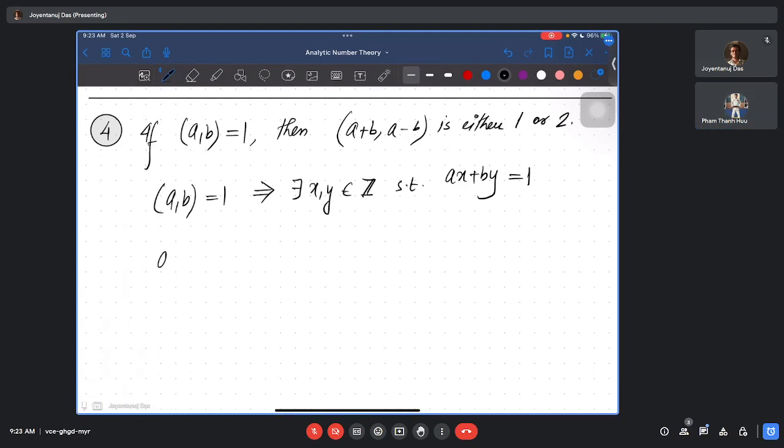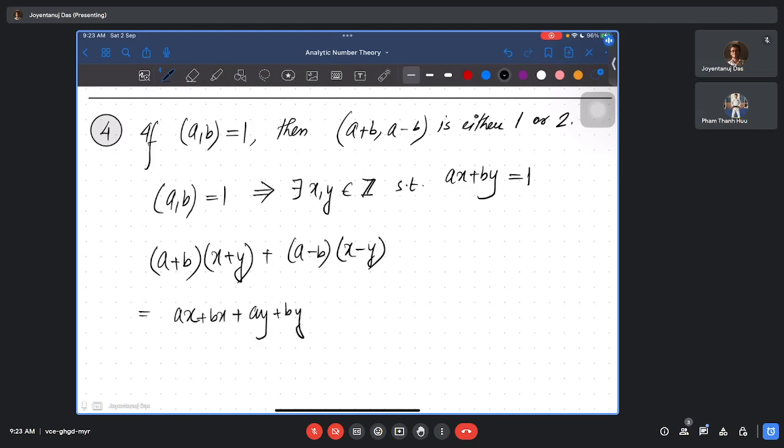With A plus B, if I take x plus y, and with A minus B, if we take x minus y, then I have ax plus bx plus ay plus by, and ax minus bx minus ay plus by, right?